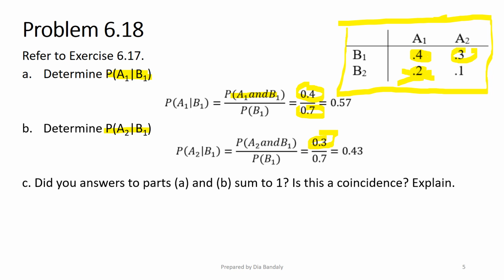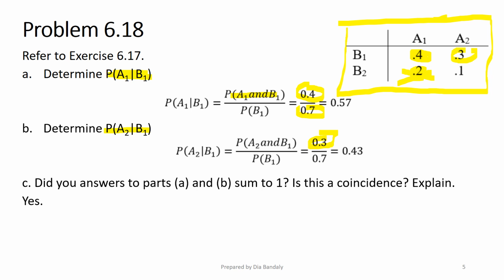Now the question is, did our answers in parts A and B sum to 1? Yes, we can see easily that they do sum to 1, 0.57 plus 0.43. Is it a coincidence? What do you think?